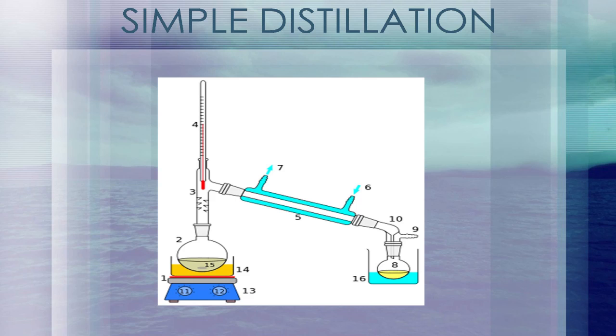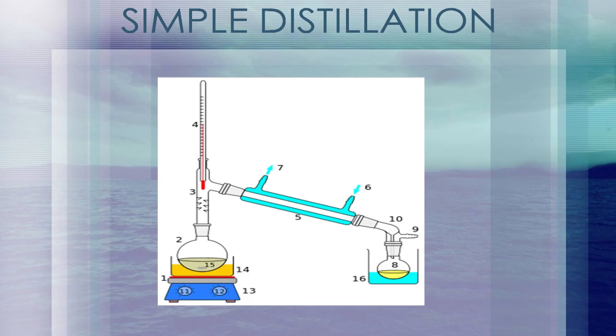A cutaway schematic of a simple distillation operation is shown at left. The starting liquid 15 in the boiling flask is heated by a combined hot plate and magnetic stirrer 13 via a silicone oil bath, orange 14.